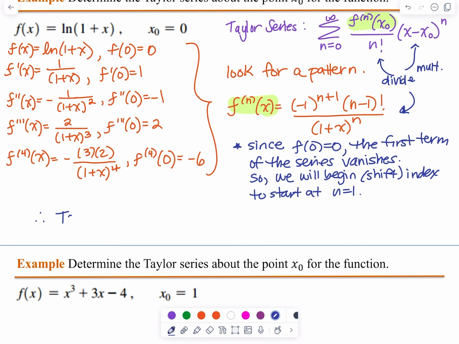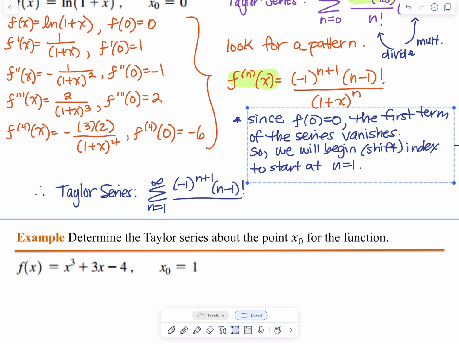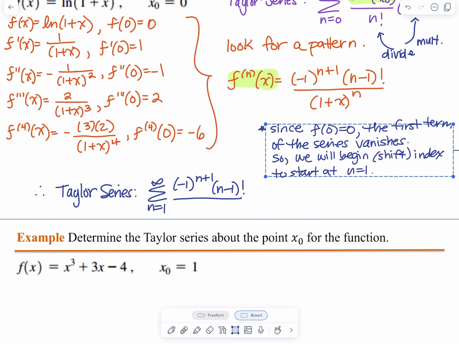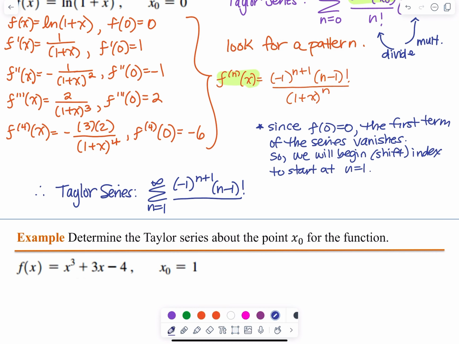Therefore, the Taylor series is going to be the sum from n equal 1 to infinity of negative 1 to the n plus 1 multiplied by n minus 1 factorial, all divided by, and I did want to make note here, if we evaluate this at 0, we're going to lose this denominator term.